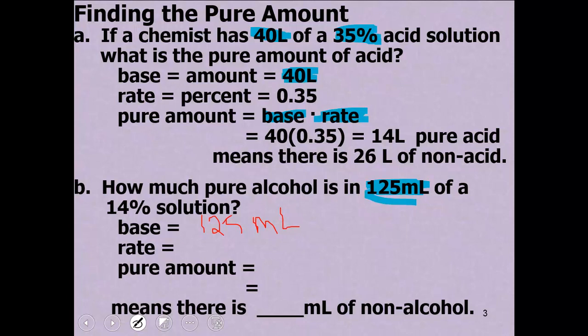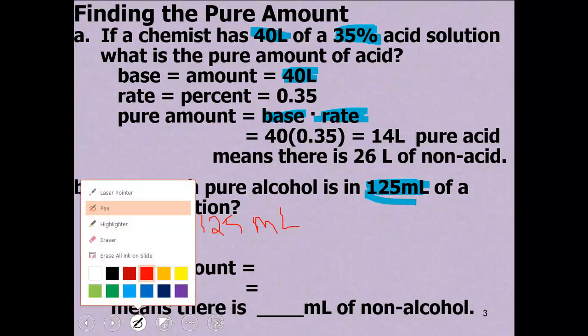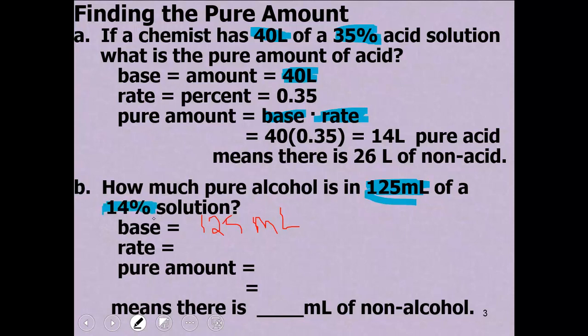My rate is going to be a percentage, right? So the only thing I have in here is that 14%. So my rate is 14%, 0.14. My pure amount has to be my base times my rate.